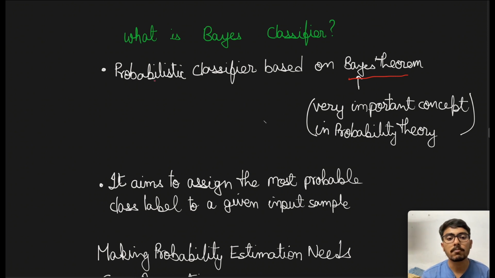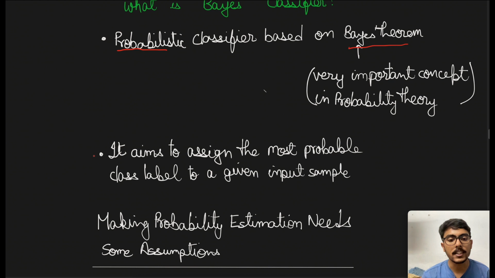The difference between any other classifier and the Bayes classifier is that it's based on a probabilistic model. It aims to assign the most probable class label to a given input sample. Whichever input we are trying to classify into a particular class, we'll use the probability.